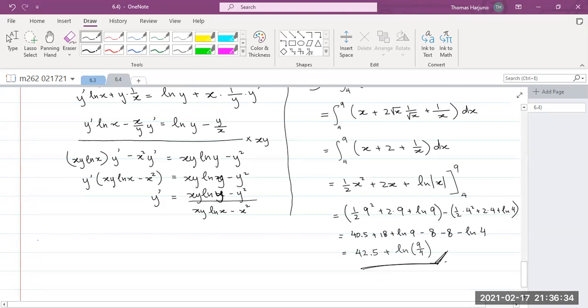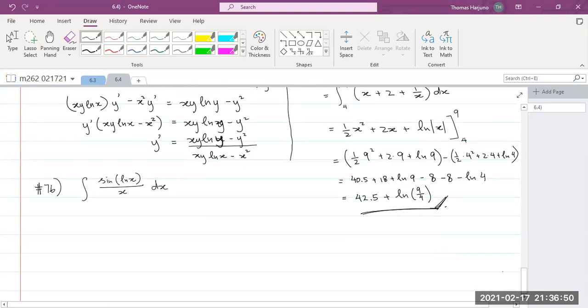Number 76. Integral of sine of ln x over x dx. Remember the principle of the ugly guy? If something is not in its place, ugly, do substitution.